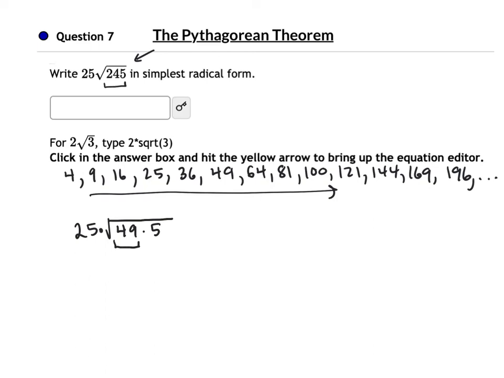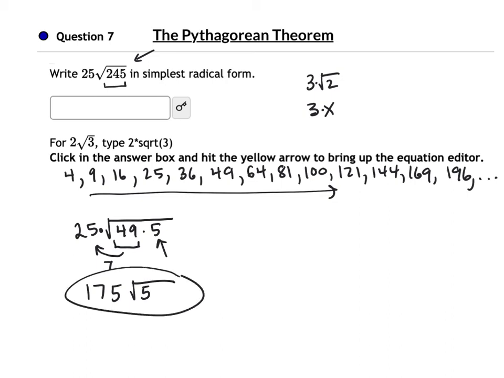Remember that there's times out here. When you say 3 root 2, it's just like saying 3x. 3 times x, 3 times root 2. This is 25 times that square root. The square root of 49 is 7. The 7 goes out front, and you have to multiply. 7 times 25 is 175. 175 root. Left underneath the root is the 5 that we couldn't do anything with because I can't take the square root of 5 unless I approximate. So the simplified answer is 175 root 5.